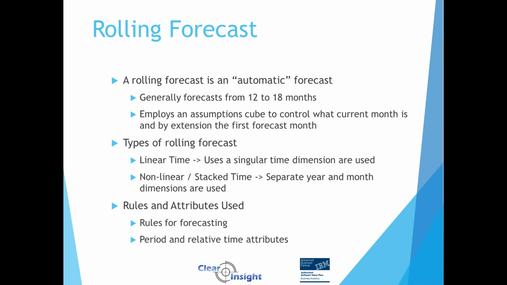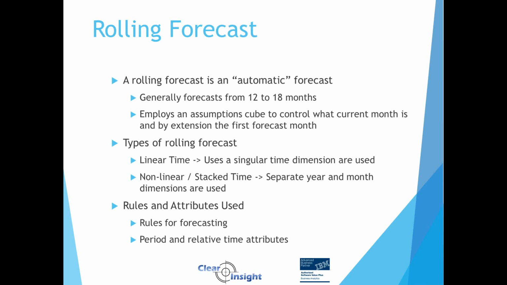Whereas the nonlinear and stacked is much better if you're doing reports that are variance-based and doing year-over-year by period. It's more natural to do the stacking as it's more dynamic. You have control over the two dimensions separately. Neither way is really better than the other. It's a matter of what is right for your business, which approach you prefer. But really, both types of systems are permitted in a model, and both are very useful, and with some customization, TM1 allows for that kind of flexibility.